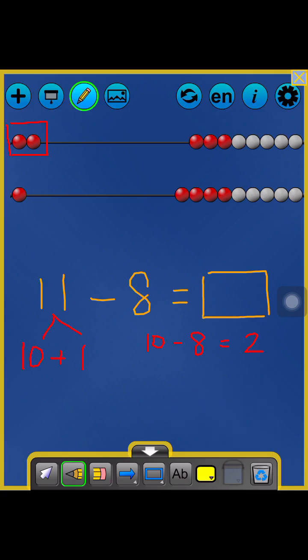How about the second row? The second row, there is 1 bit. 2 plus 1 equals 3. That means when 11 minus 8, we first subtract 8 from 10 equals 2, and then 2 plus 1 equals 3. And the answer is 3.